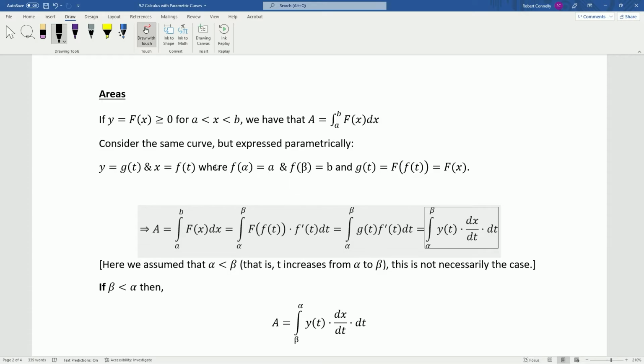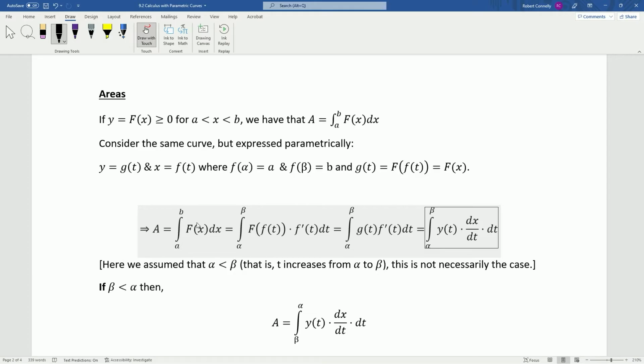So in other words, the t equals alpha and t equals beta are the t that correspond to x's a and b. And g of t is really just cap F of little f of t, which is cap F of x, right? So all we're saying here is this function that describes y is the same function that we had before, but we've replaced x with its parametric function f of t.